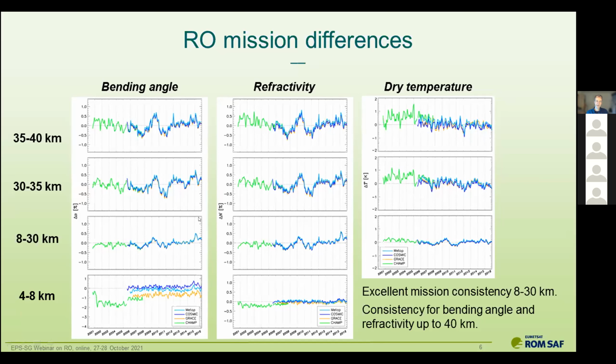In reflectivity and in bending angle, we can go higher up. In bending angle, we can probably go above 40 kilometers and form these long time series, which we can use to compute trends and so on. There are slightly larger biases down in the lower part of the troposphere, which is still an area under development, trying to sort out these biases.